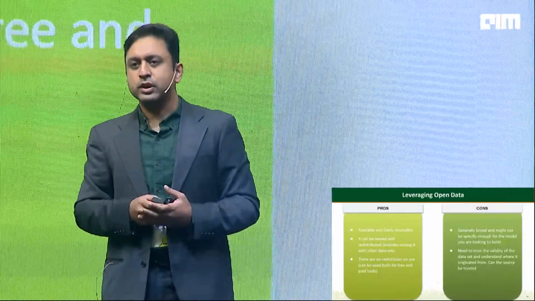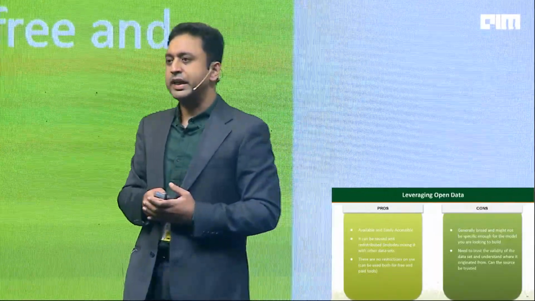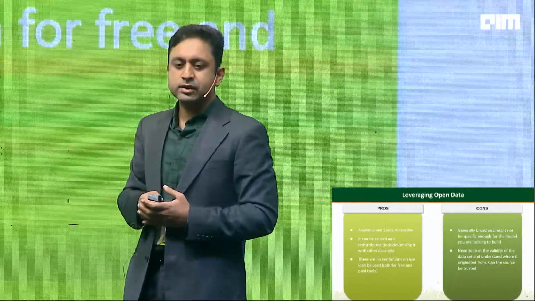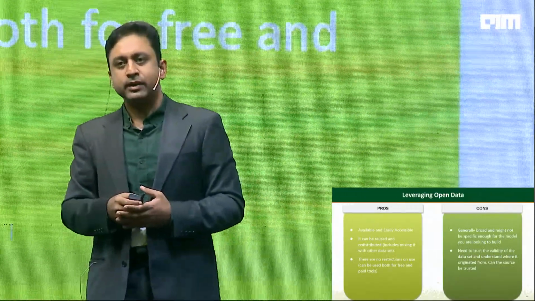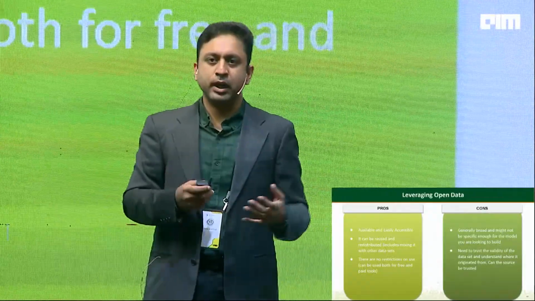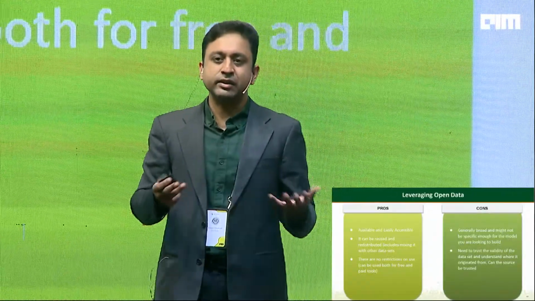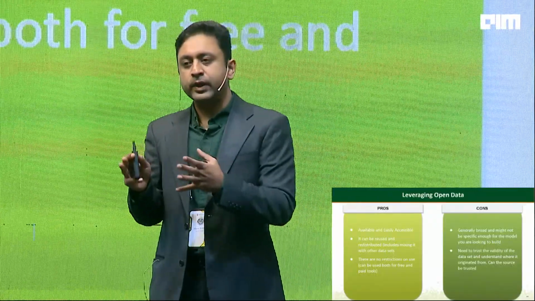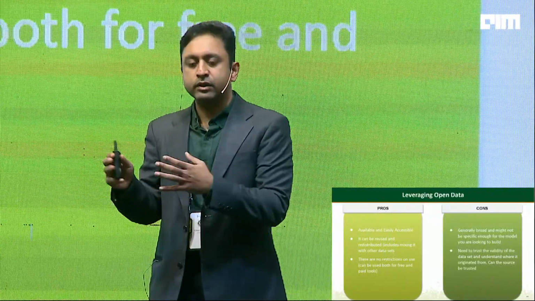Here are some of the pros and cons of the different data collection strategies. We talk about open data. Yes, it's freely available, or it might come at a negligible cost, but then it's generic in nature, right? It's very hard to get open data which would serve a very, very specific need.